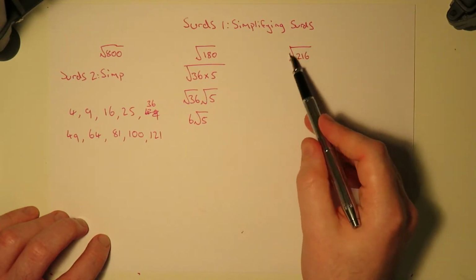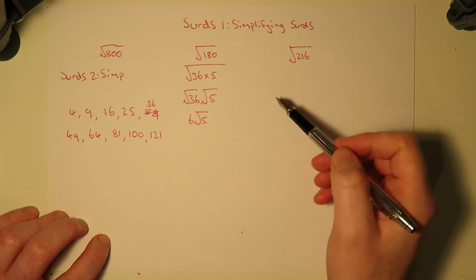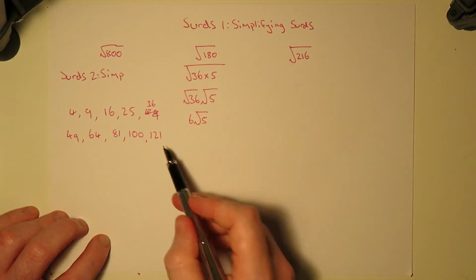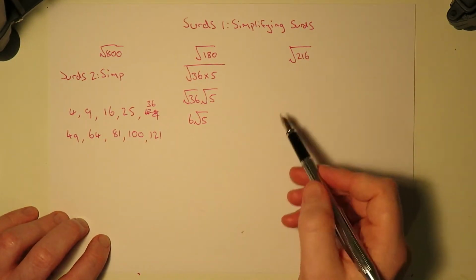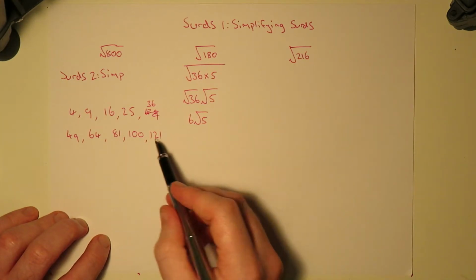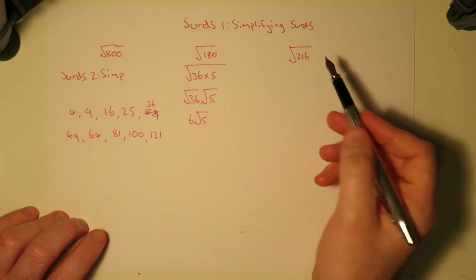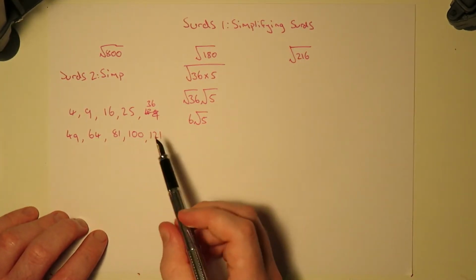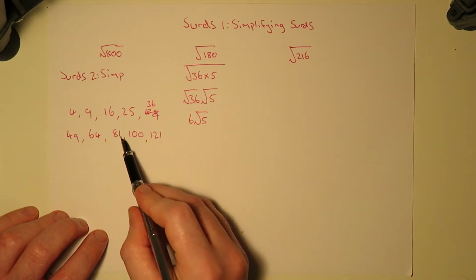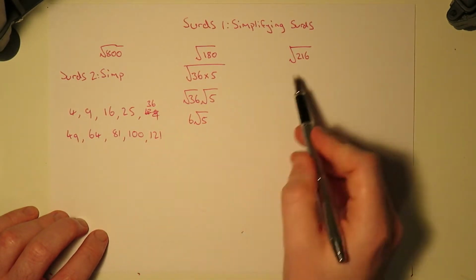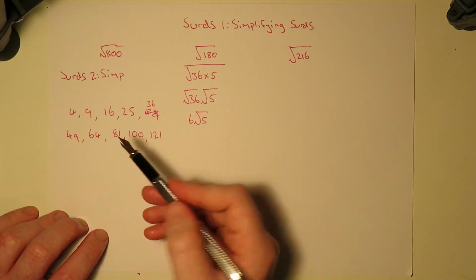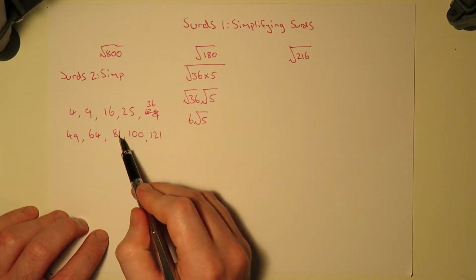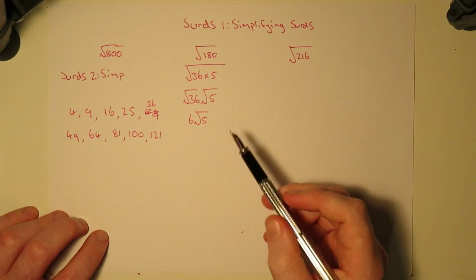So this here, I'll demonstrate the exact same method again. 121 is more than halfway, so that's useless. 2 times 100 is 200, so we're not right there. For 81, if you times that by a number for it to end in 6, it has to be times 6. So 81 times 6 is way too big.